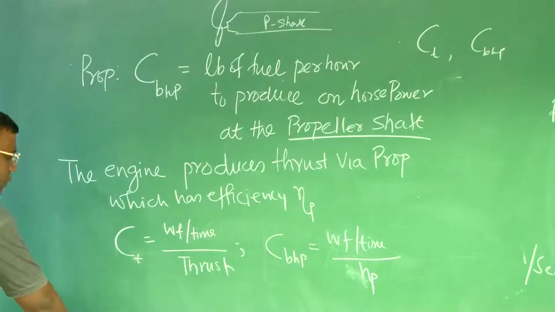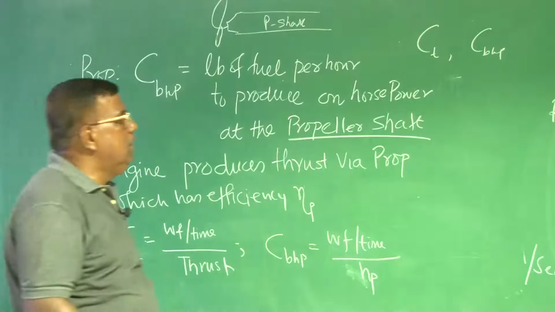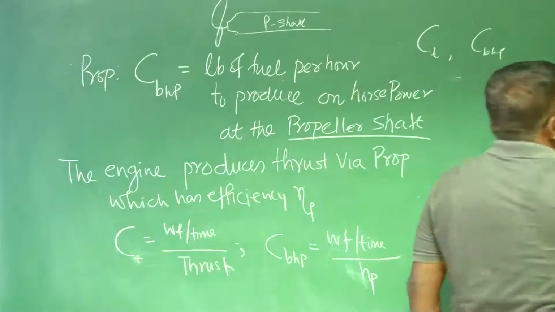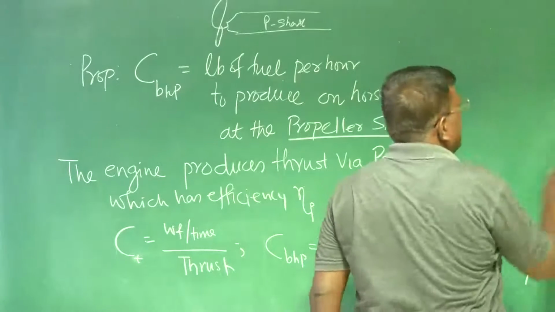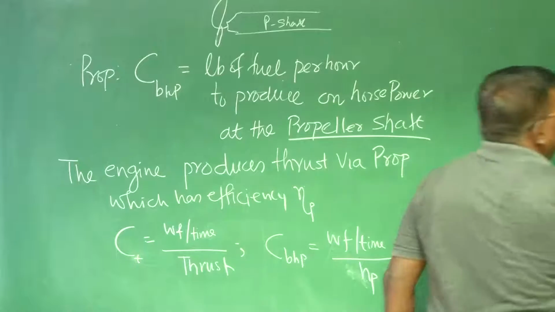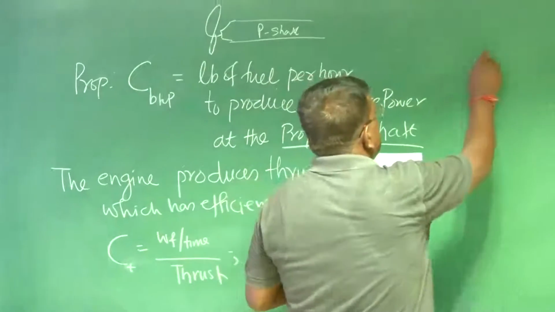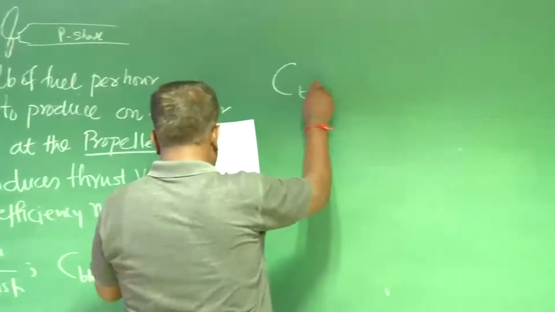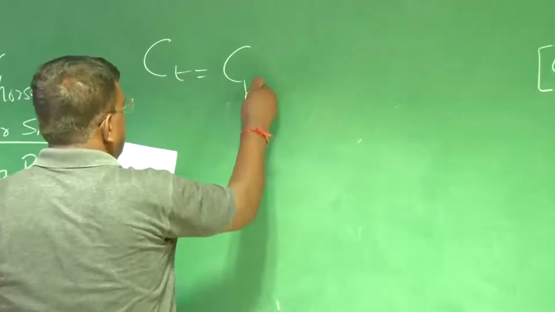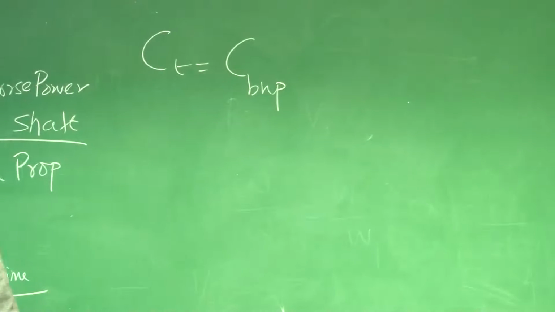And we are trying to look at how CT and CBHP are related, or we want to know how much thrust this propeller-driven airplane will generate for a given condition for a typical value of CBHP. Now if I use this CT, I write it as CBHP. Let me write this so that there are no issues.